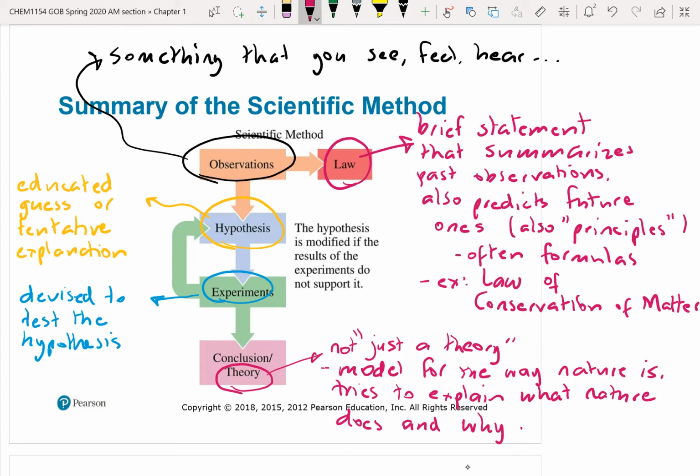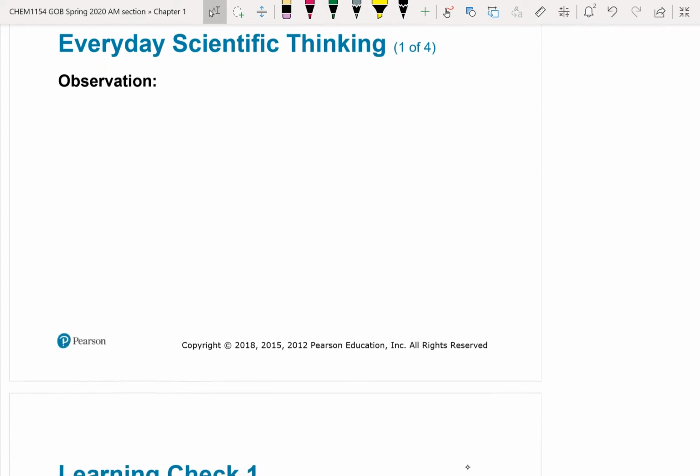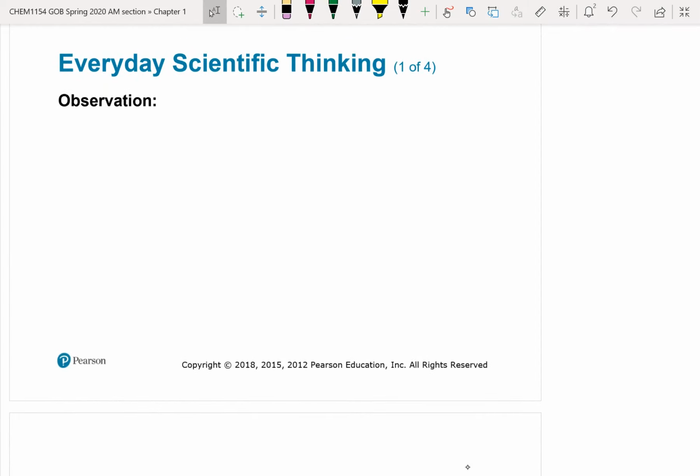This scientific process is what we use not just in chemistry, but throughout all the branches of science, biology, physics, etc. Let's take a look at a very simple example of where we use the scientific process without actively considering it as the scientific process.